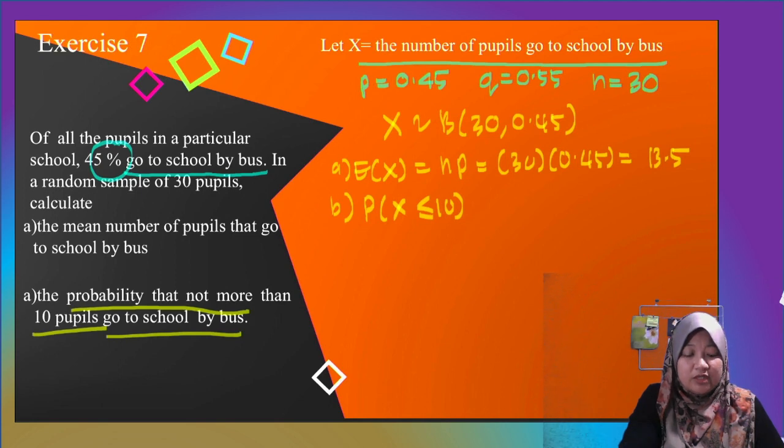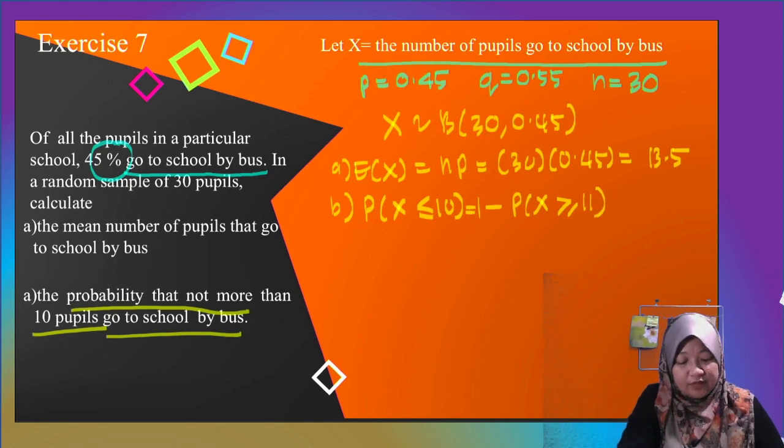Kalau kita nak guna table, kita kena buat satu tolak probability X greater than or equal to 11. Okay. So, awak baca table. X greater than or equal to 11 is 0.8650. So, the probability is 0.1350.